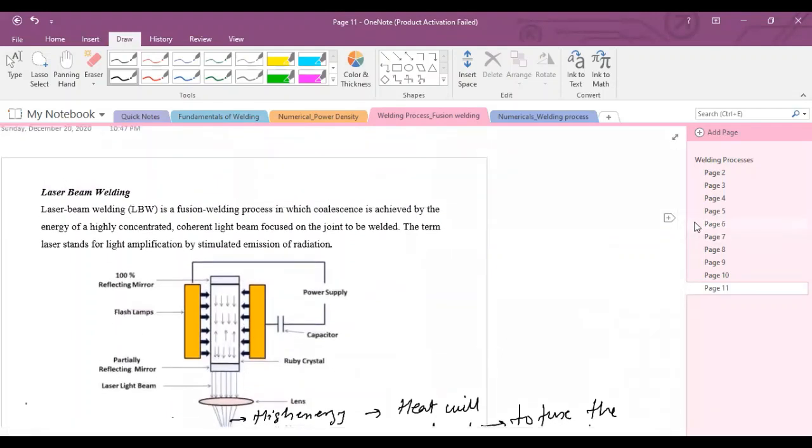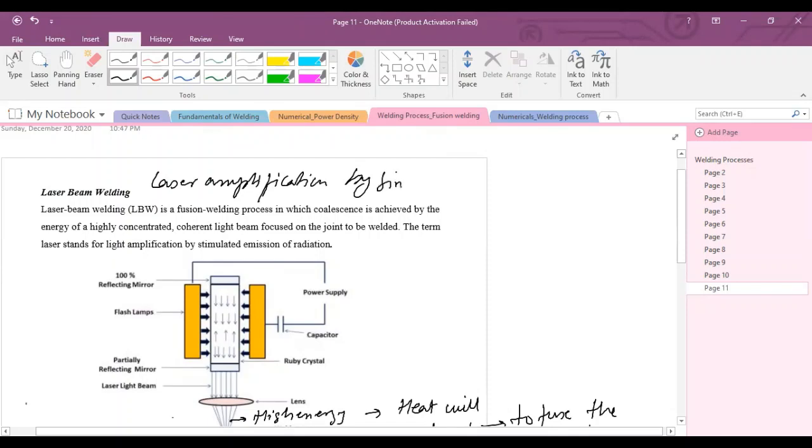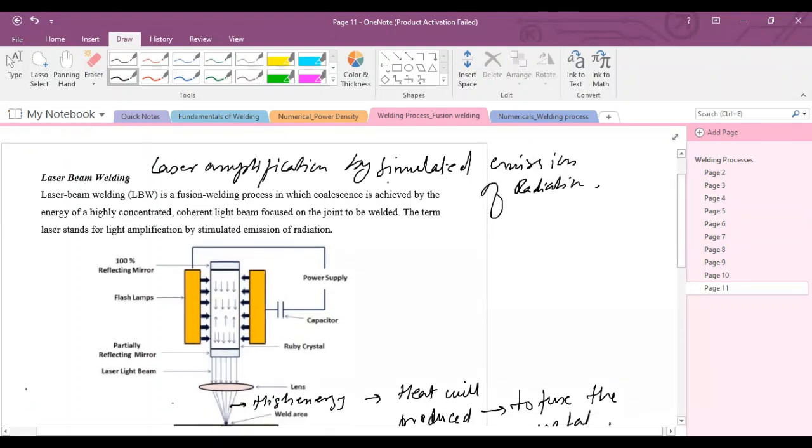I will explain what a laser is. Laser stands for Light Amplification by Stimulated Emission of Radiation. I will explain with the help of the setup.